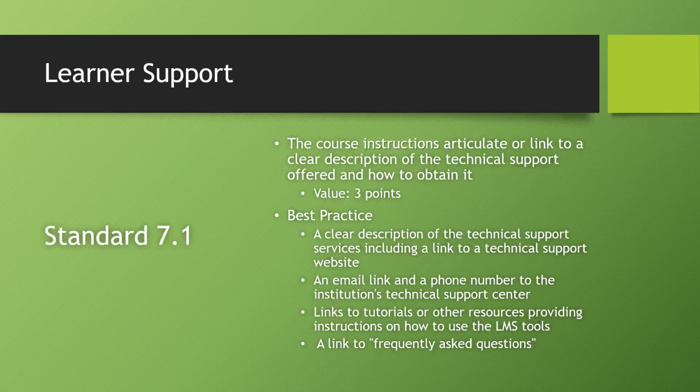We have our OIT office that you would use for that. You could put a link in a tutorial or other resources on how to use the LMS tools. So Canvas is available, as we'll talk about later on again, 24/7. You would provide them with technical support here at Camden County College, technical support for Canvas, and any other technical support for any third-party items that you might use.